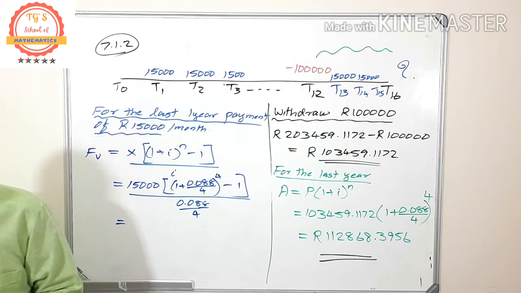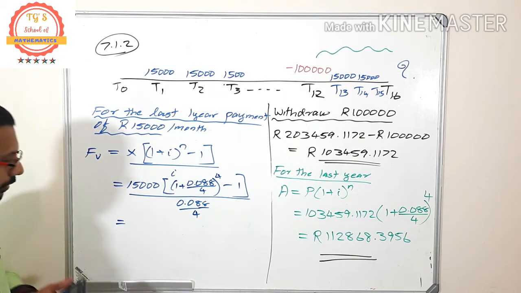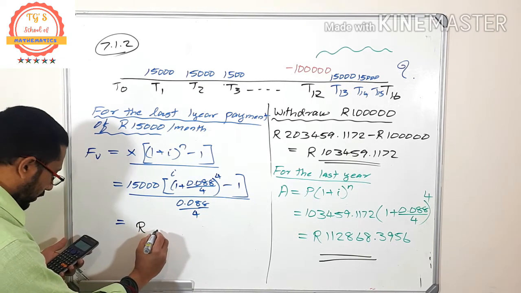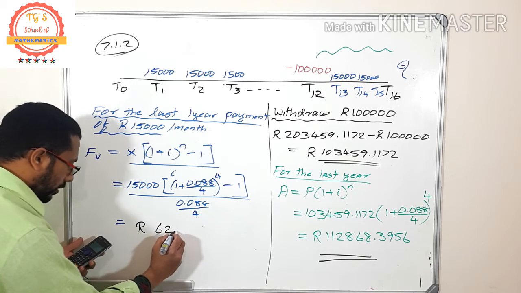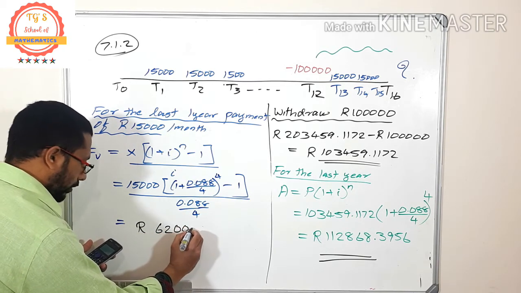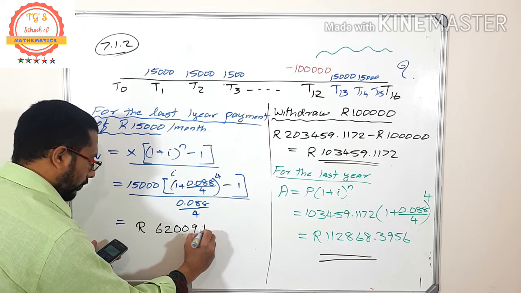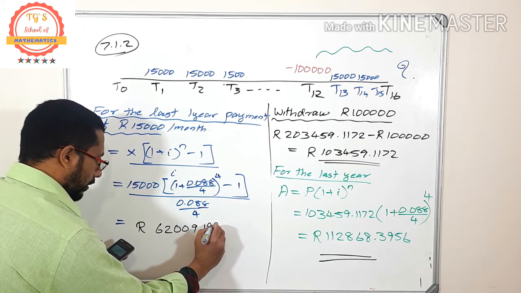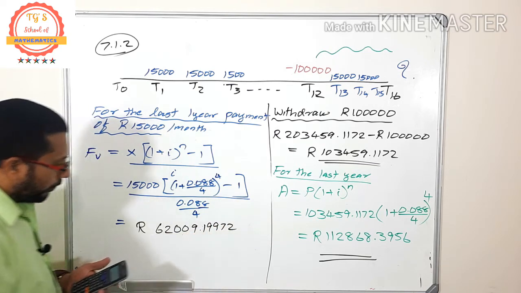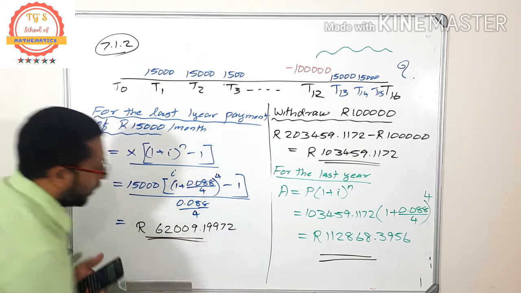In my calculator I got 62,009.19972 rand. So now look at this one, guys.